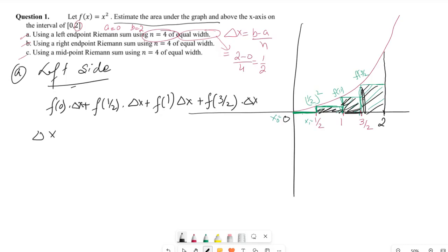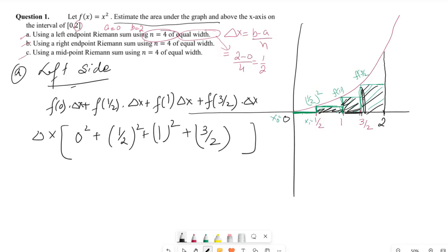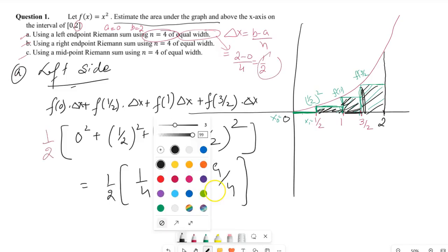You see delta x is same, so it can be factored out. f of 0 is 0 squared, f of half is half squared, f of 1 is 1 squared, f of 3/2 is (3/2) squared. And we also know that delta x is half, so we can just put delta x here.